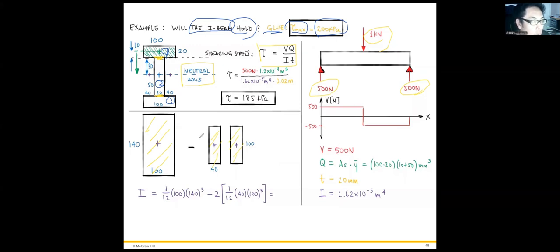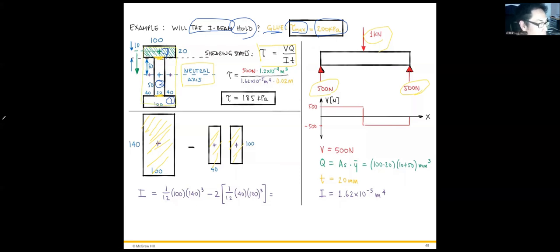Oh, sorry. We should say we use the subtraction, not the summation. We have this whole beam, just a solid rectangular beam like this.